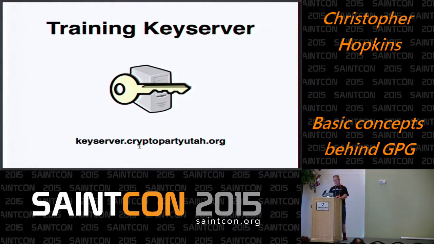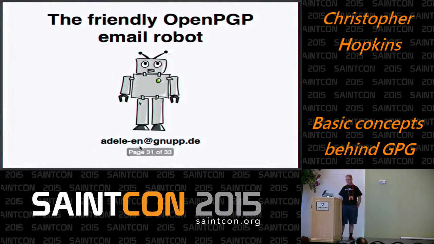While email is usually the classical use model, it doesn't have to be email. You could use some other thing. As long as you get your text to the other person, it doesn't really matter how you got it there. But some of us might be challenged in finding someone else to send a message to and get a message from, so there's this Adele, which is the GNU PP.